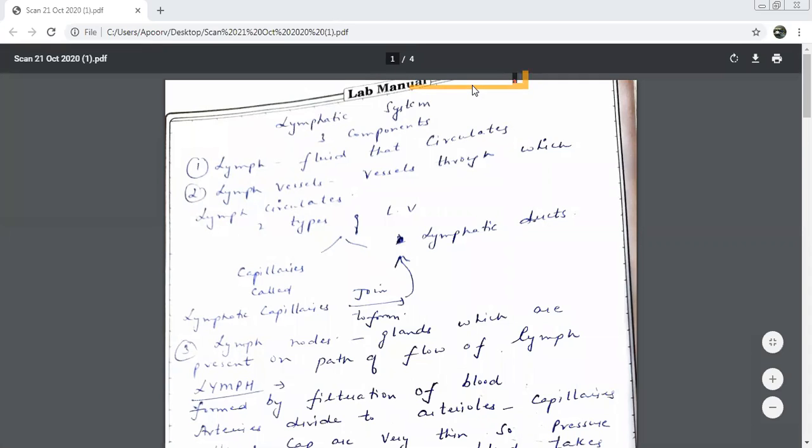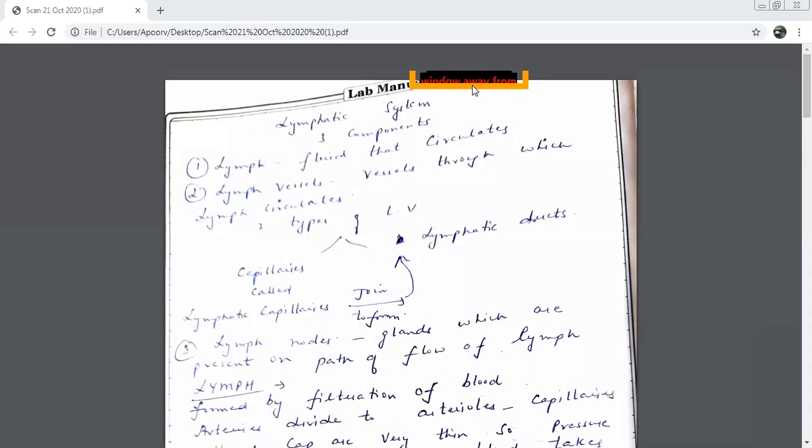Let me see who all have joined. Ananya, are you there? Yes, ma'am. Ananya, very good. Give attendance very quickly. Anshika. Yes, ma'am. Okay. Then Aradhe. Yes, ma'am. Drishti, present, ma'am.